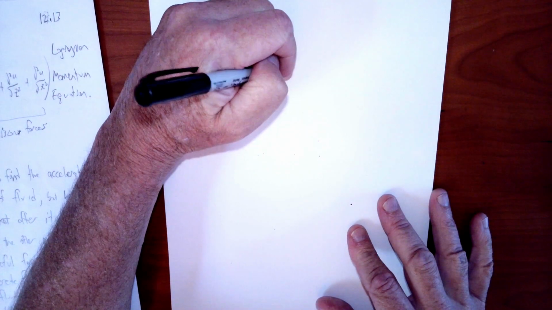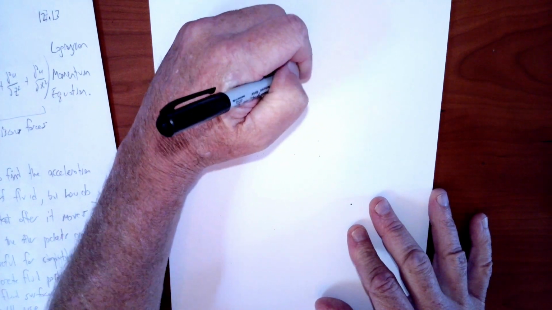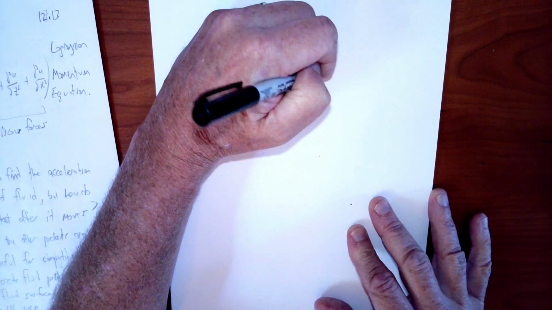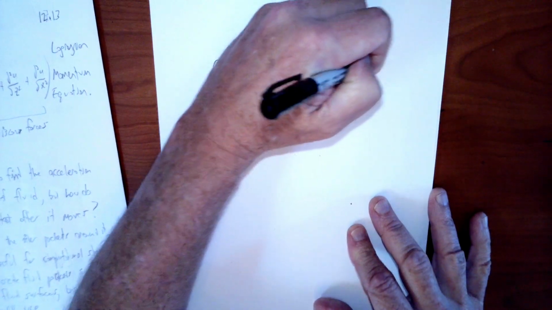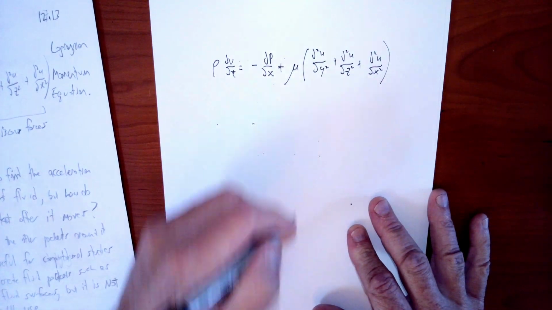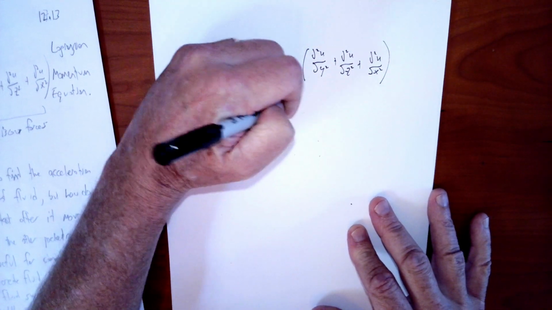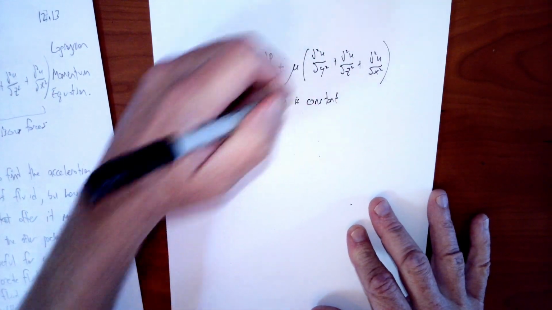But if mu is constant, and we usually treat it as constant, we can take that mu out, and they all had mu. So it looks like this: d squared u dy squared plus d squared u dz squared plus d squared u dx squared. That is all of those. This is assuming mu is constant. If mu is constant, we can do that.